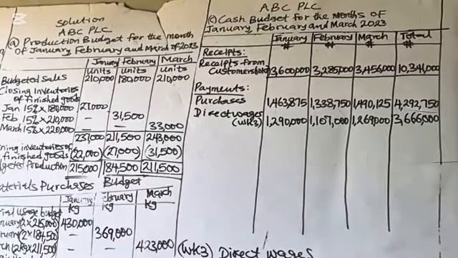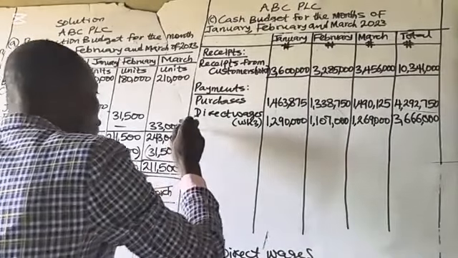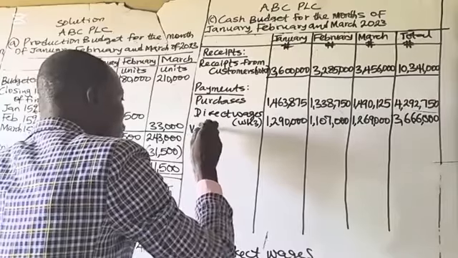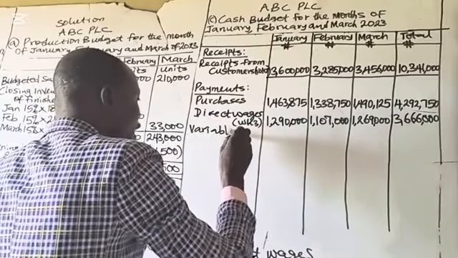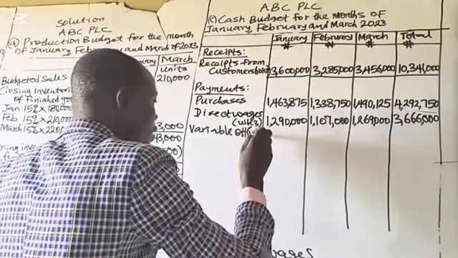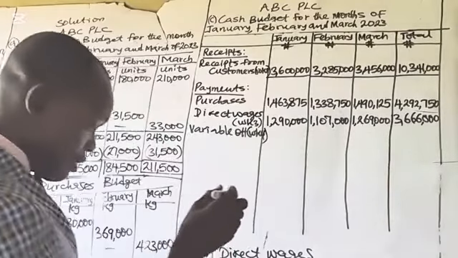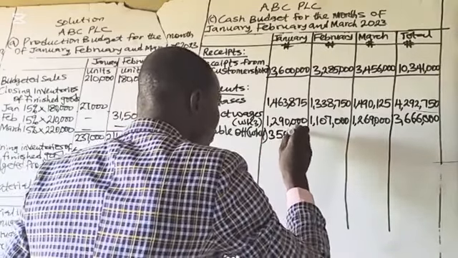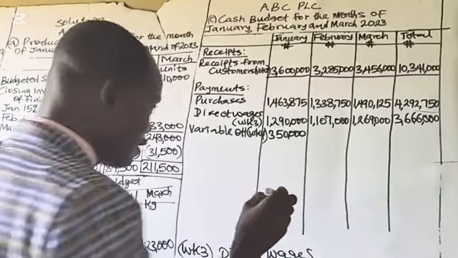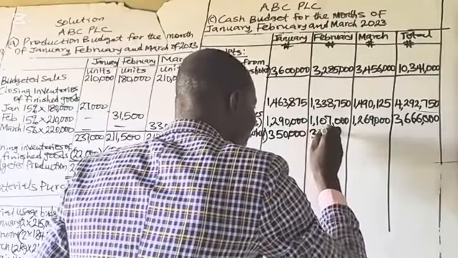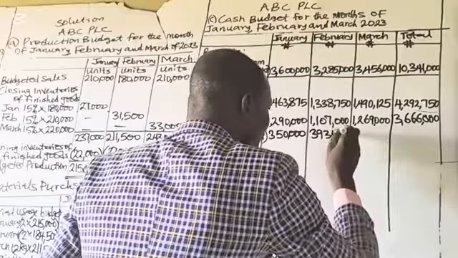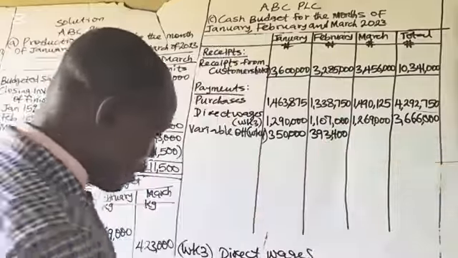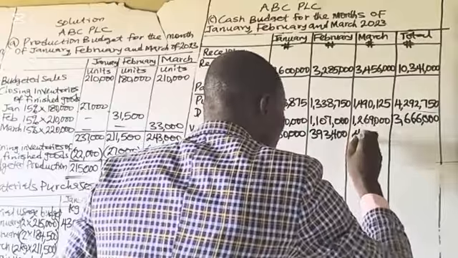So now back to the cash budget. We have variable overheads, that is working number 4. In the month of January, we have 350,000 as obtained. In February, we have 393,400. In March, we have 401,400.